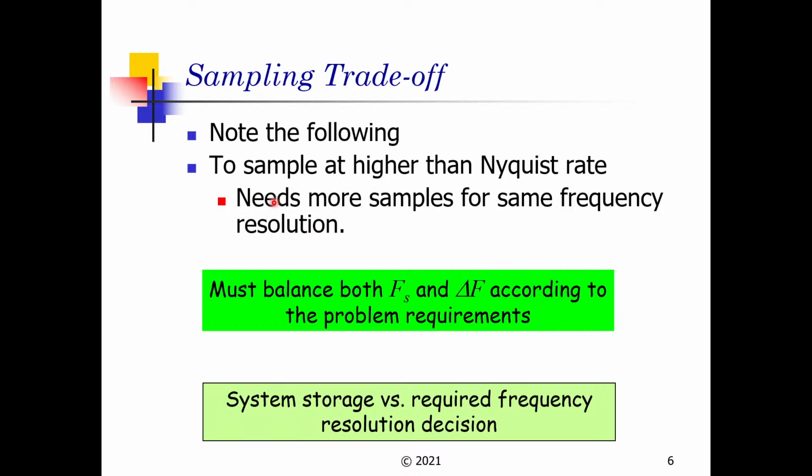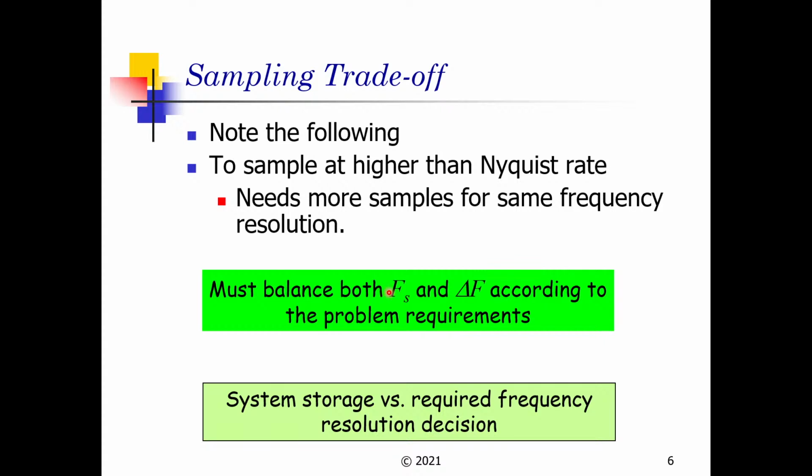Now, in that question there, we used the bare minimum for our Nyquist rate, being 2 times the signal's bandwidth frequency. If we're going to be sampling at higher than the Nyquist rate, that means you're going to need more samples for the required frequency resolution.